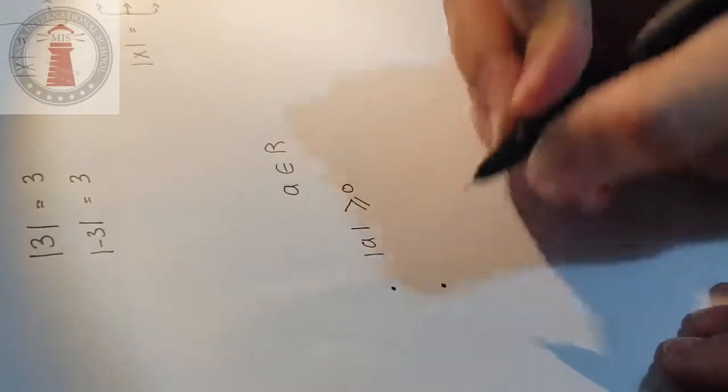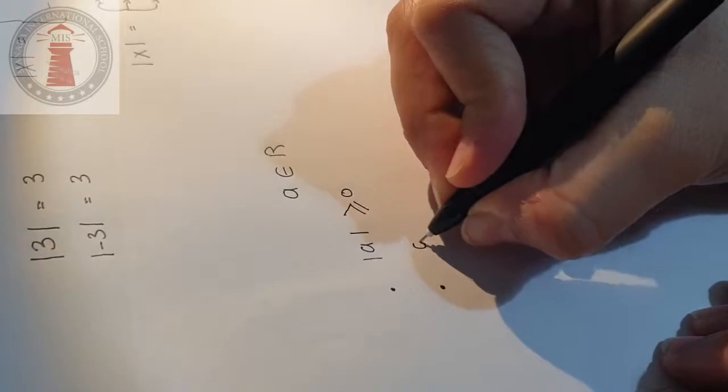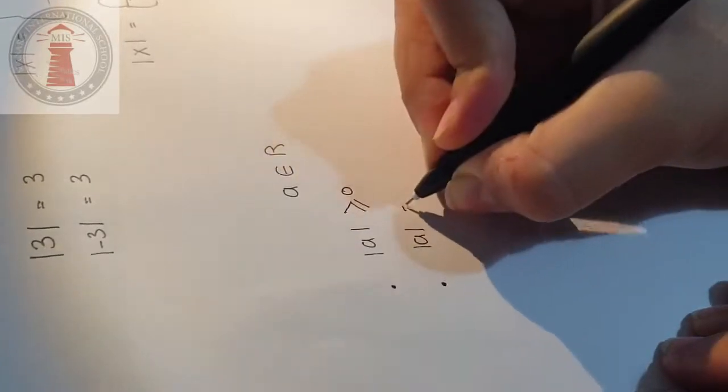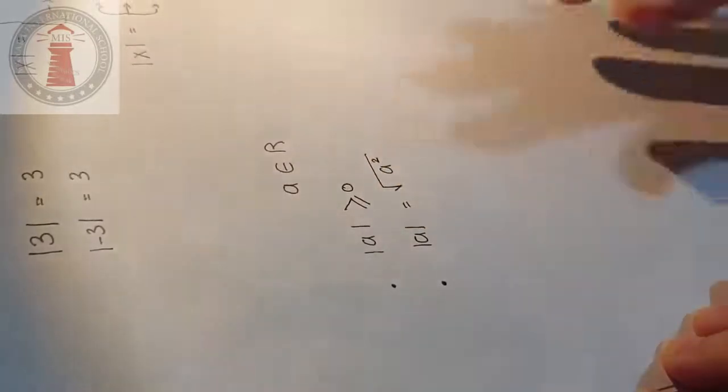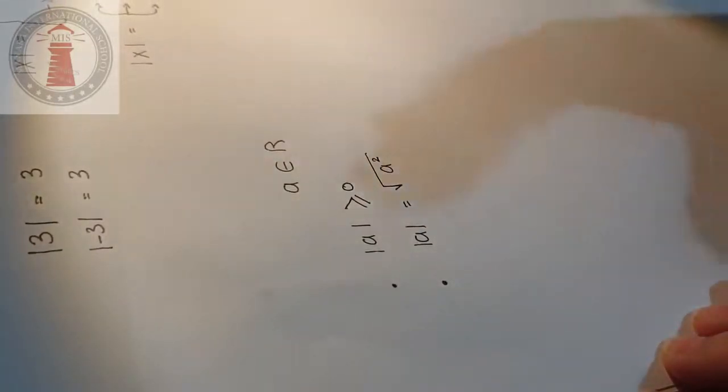Our second property is the absolute value of a is equal to the square root of a squared. Do you know why?